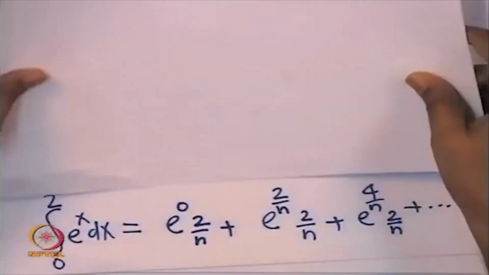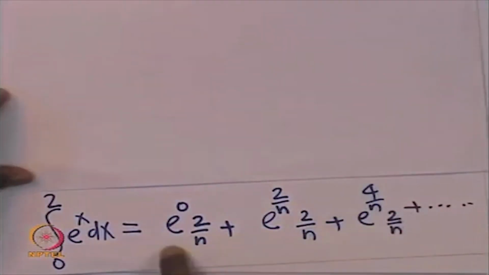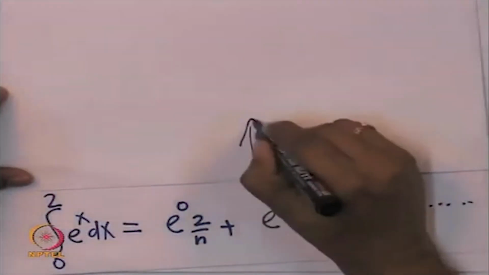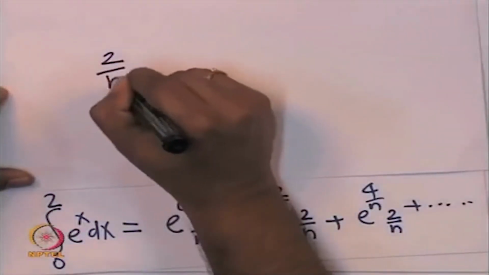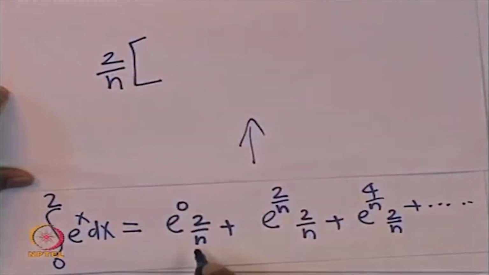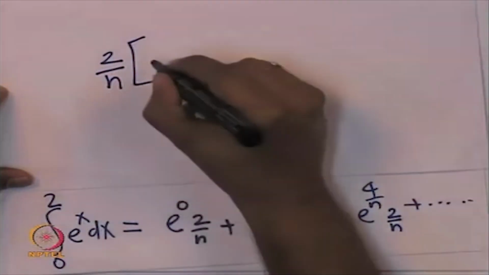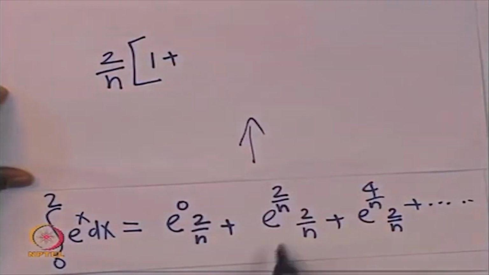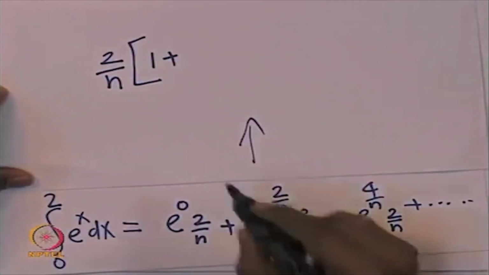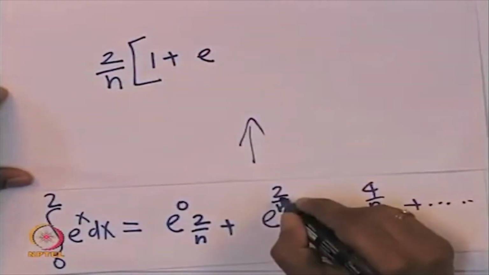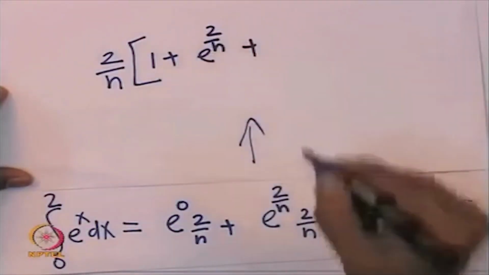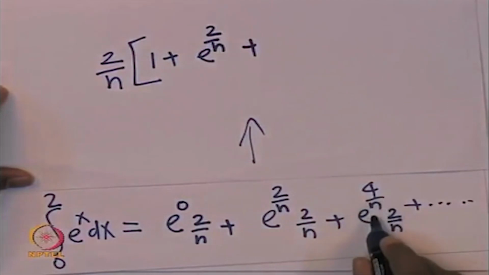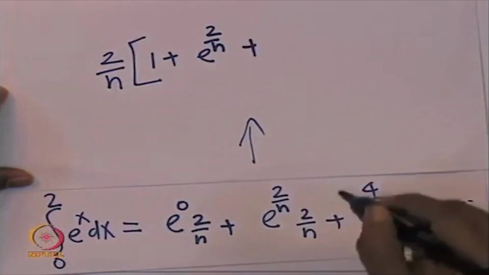If I take 2 by n out in common, what I have is e power 0, which is 1, and 1 plus e power 2 by n, plus e power 4 by n, which is basically e power 2 by n whole square.